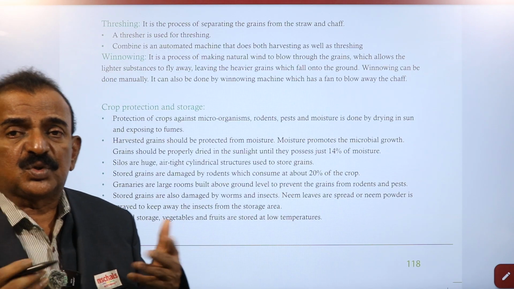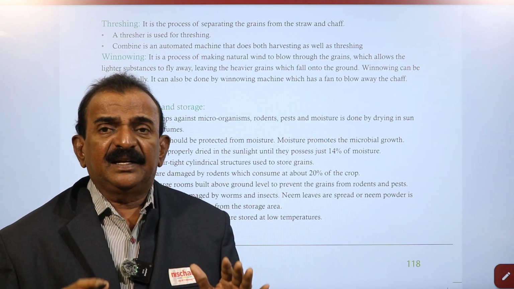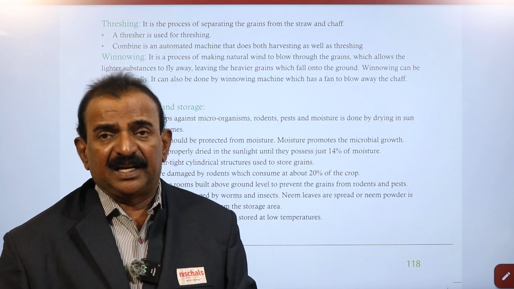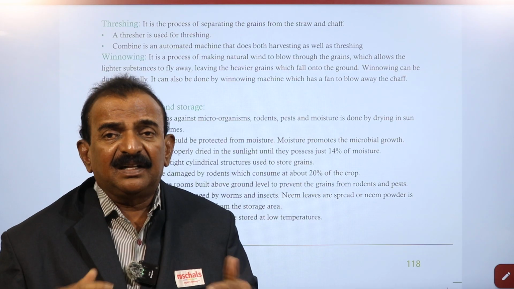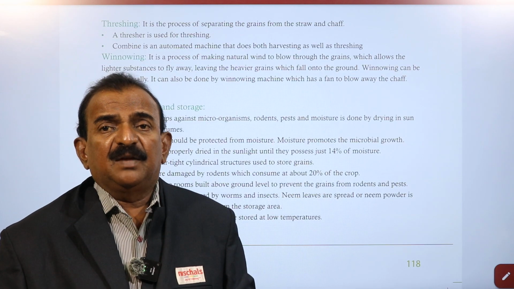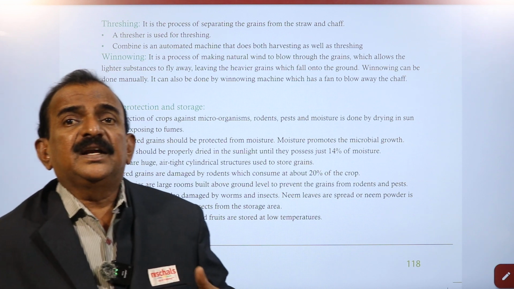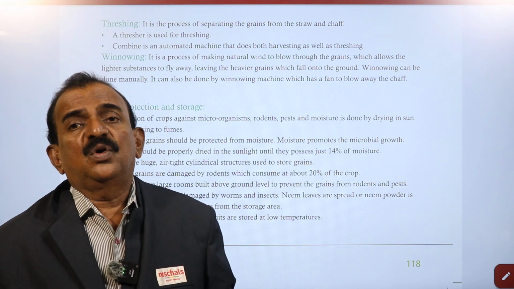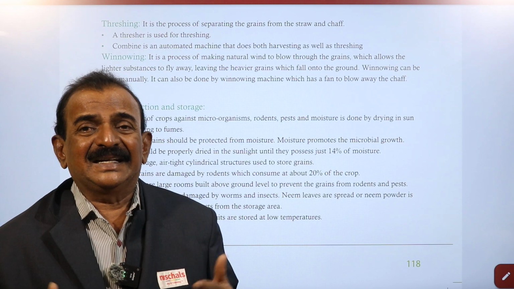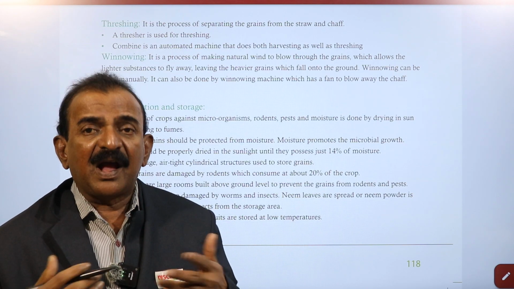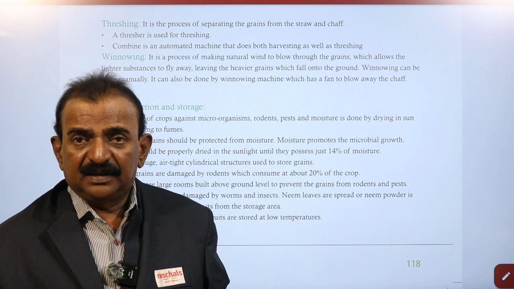Before storing the grains, the grains and the crop seeds should be properly dried under sunlight. Suppose they have moisture. Moisture is a favorable condition to grow fungi and also bacteria, and thereby these seeds are affected by fungal and bacterial infection.